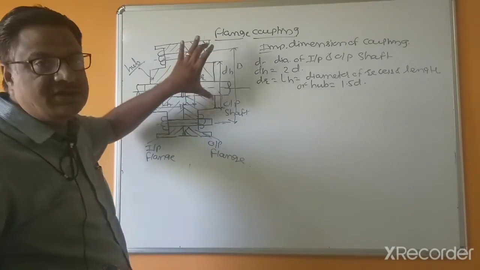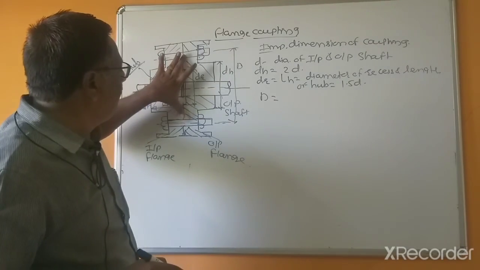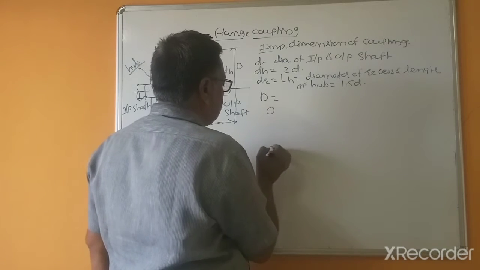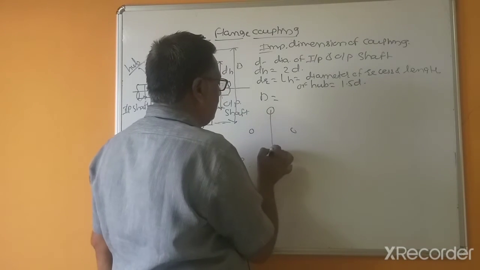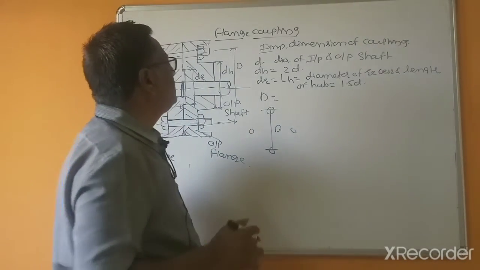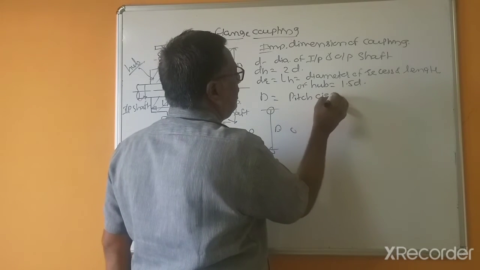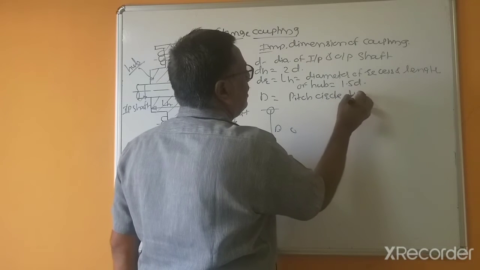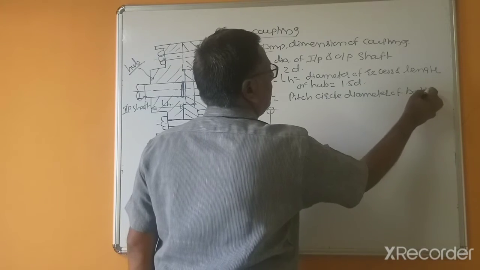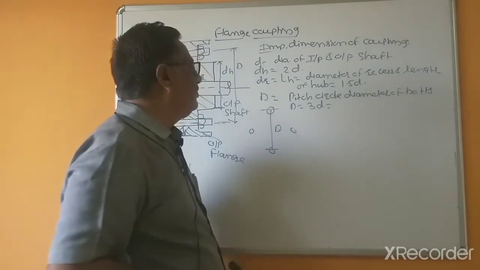Capital D is the pitch circle diameter, the pitch circle diameter of this bolt. Suppose this is a bolt, so this is called the pitch circle diameter of the bolt, equal to 3d. This is a standard empirical relation.